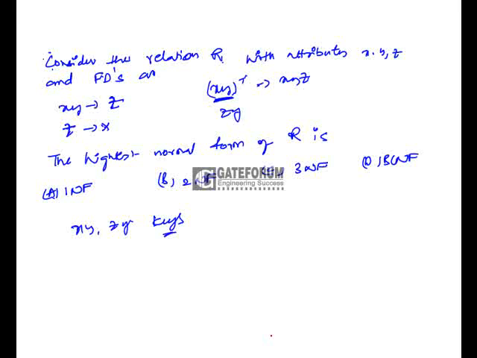Now let us check for 3NF. 3NF means there should not be any transitive dependencies. Transitive dependency means dependency between two non-key attributes, or dependency between some part of the key plus some extra attribute to non-key attributes.